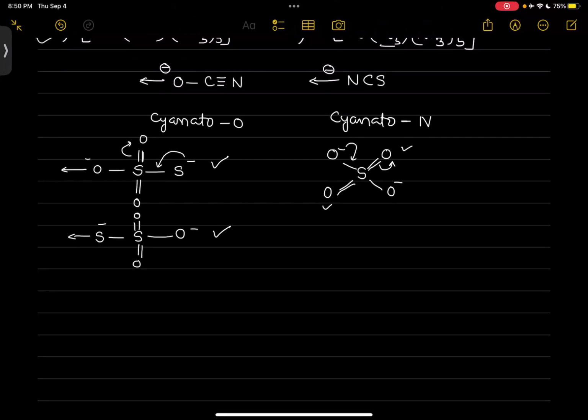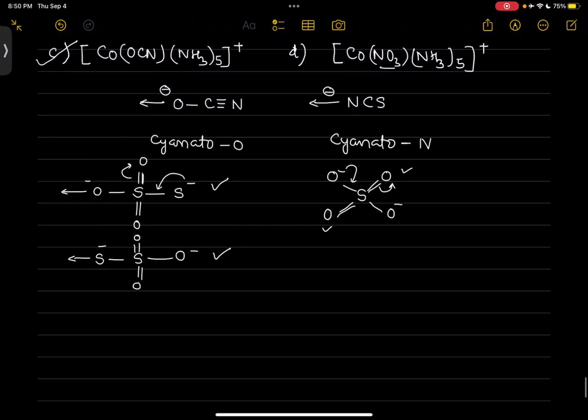Is it clear or not? Any doubts in this? Jasleen, Aisha, Marwa? No, sir. Normally thiosulfato-S is the most common form.